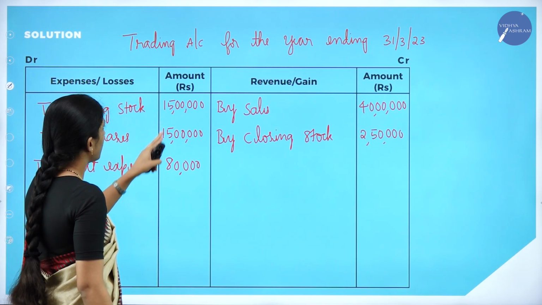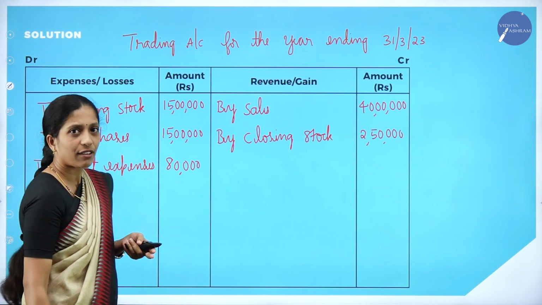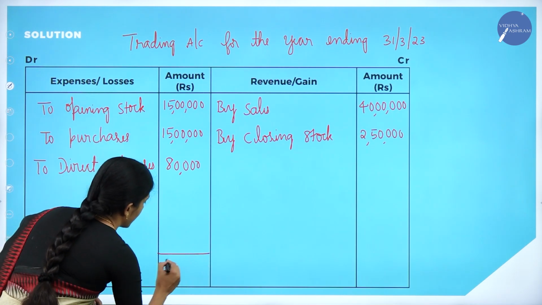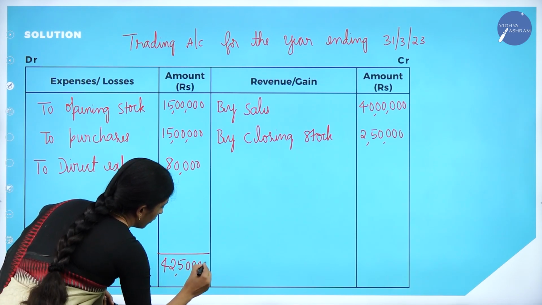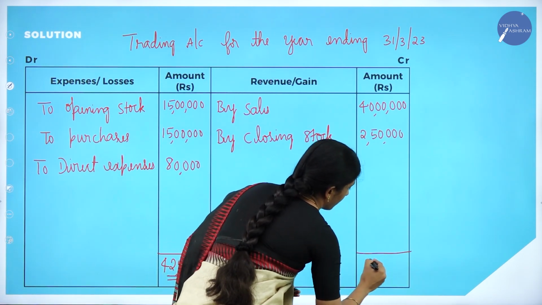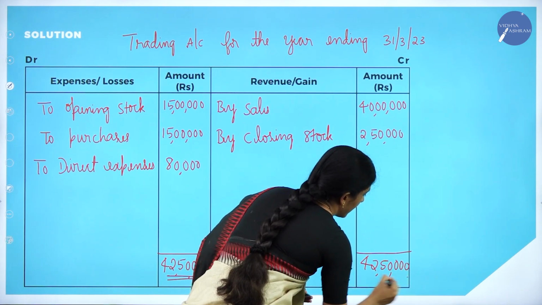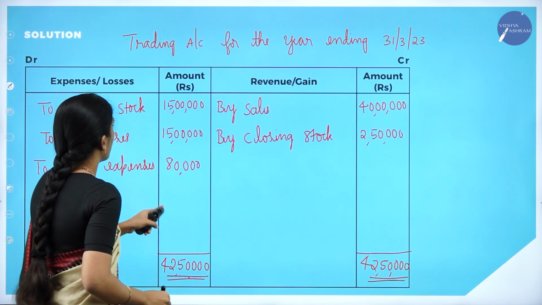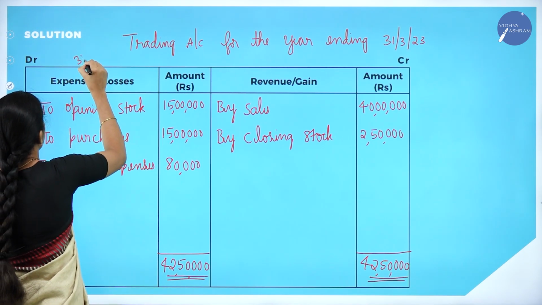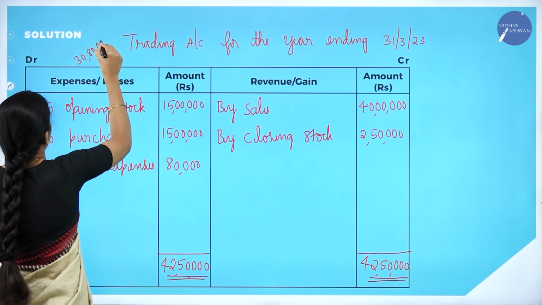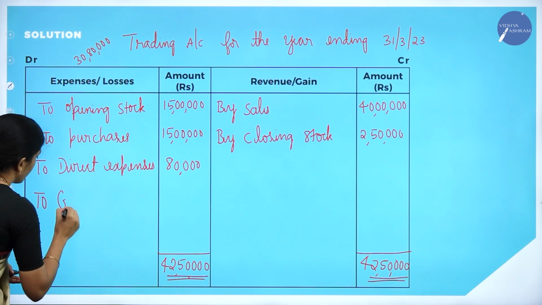Debit side, it is 15 plus 15, 30, plus 80,000, that is 30,80,000. So 42,50,000 is greater, so write it on both sides.